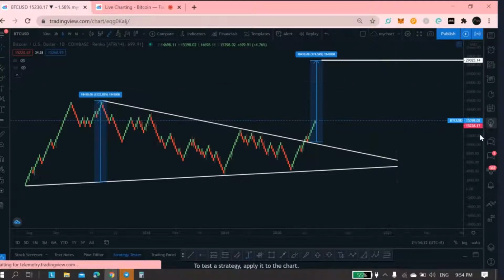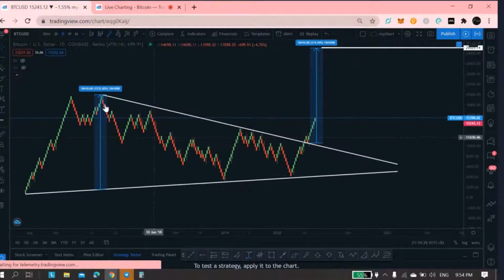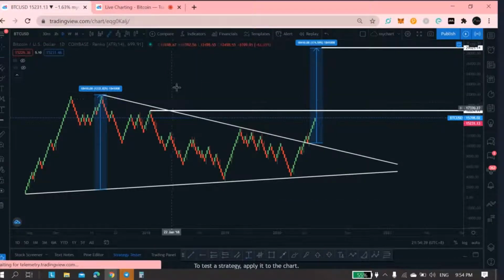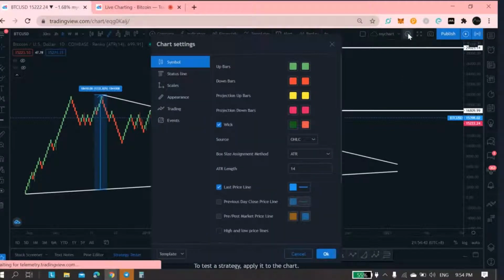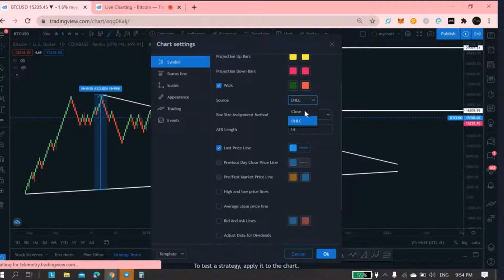So that's my long-term view. I don't know, hopefully it will reach this one because we're already near this next resistance, which is around the, I think, around the 16,800 area. Actually, I use the settings open, high, low, close, because you can also use the other source, which is the close.